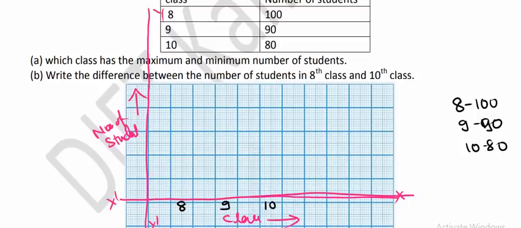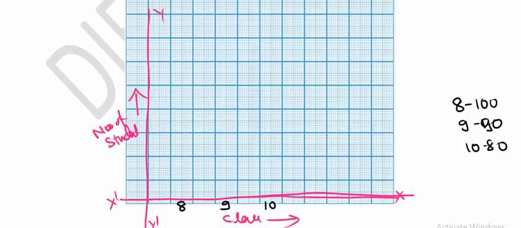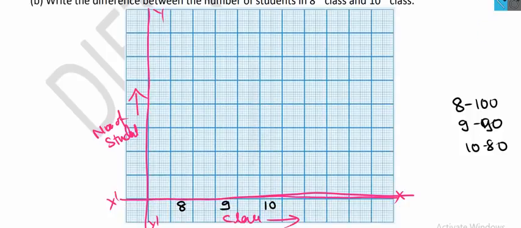So now we have to mark this on the graph. For this one it is 0. By putting 10, 20, we get only 80, but here it is 100.